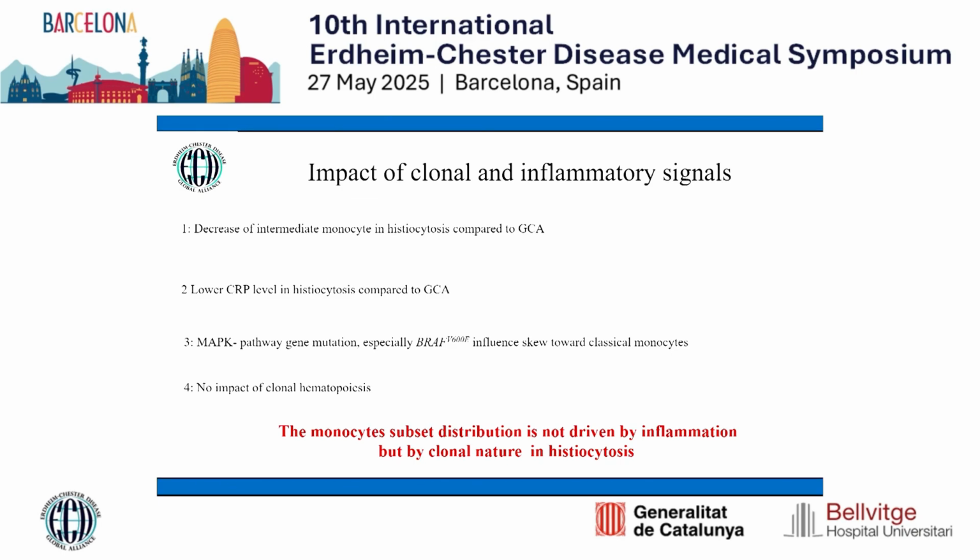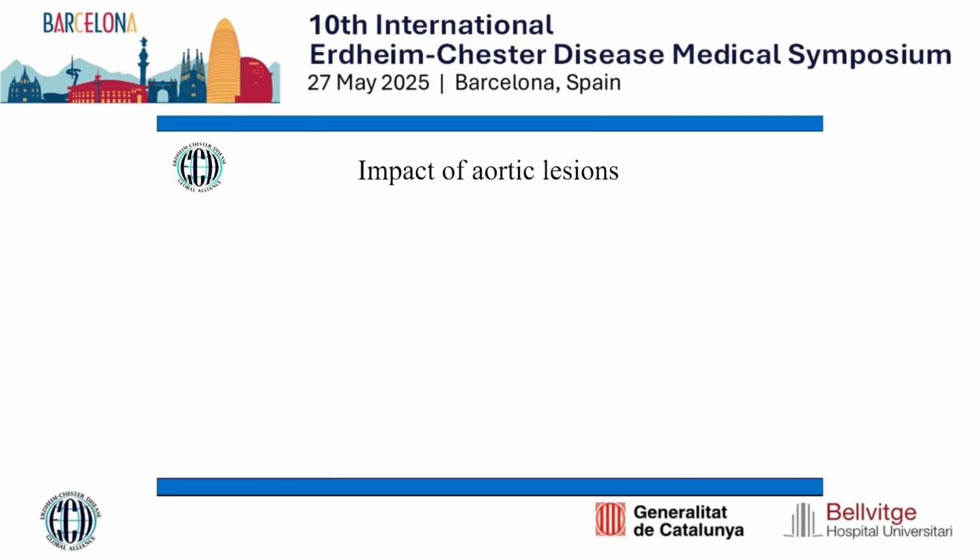And then we wanted to see if the presence of aortic lesion could have an impact on the circulating distribution of the monocyte subset. So, as I said, the patients with aortic lesion with histiocytosis were 9, mostly ECD.